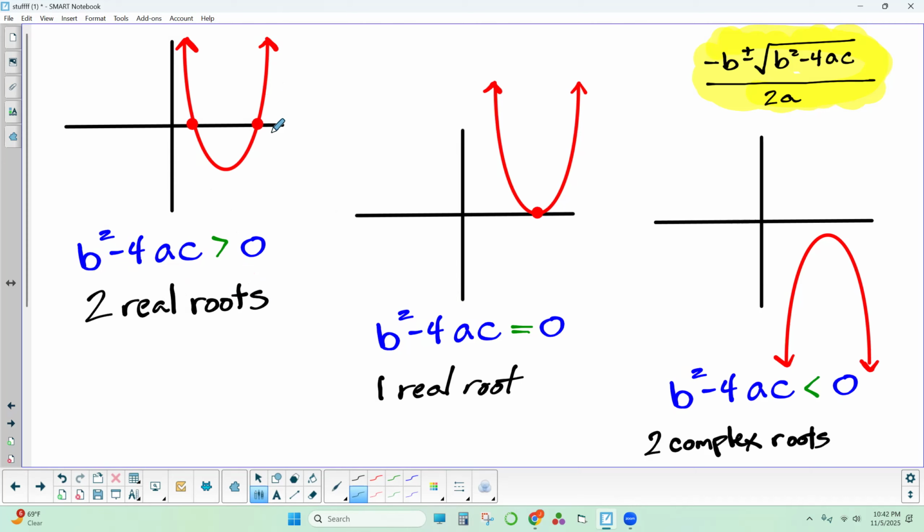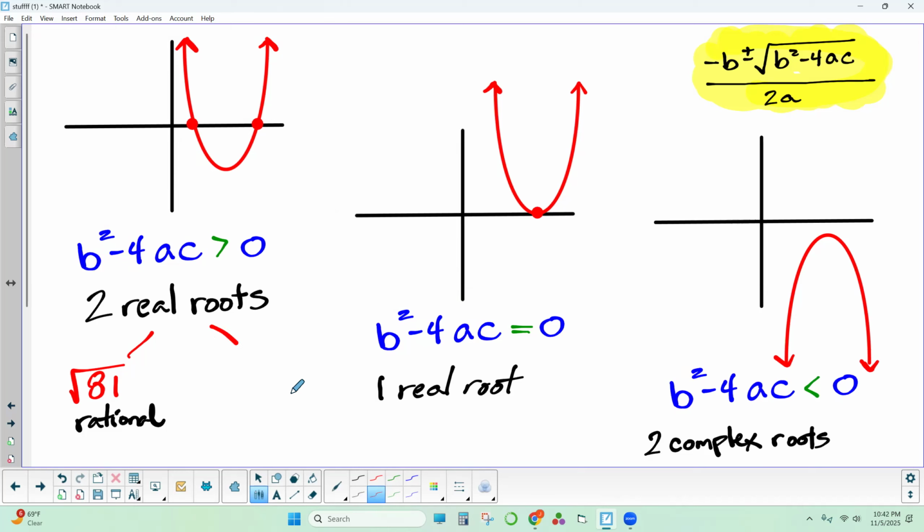Now, this can be categorized into two different tiers here. We've got two real roots where the discriminant is a perfect square. So if we get a perfect square under the radical, then that is two real roots, but more specifically, those are what we call rational roots. Two rational roots.